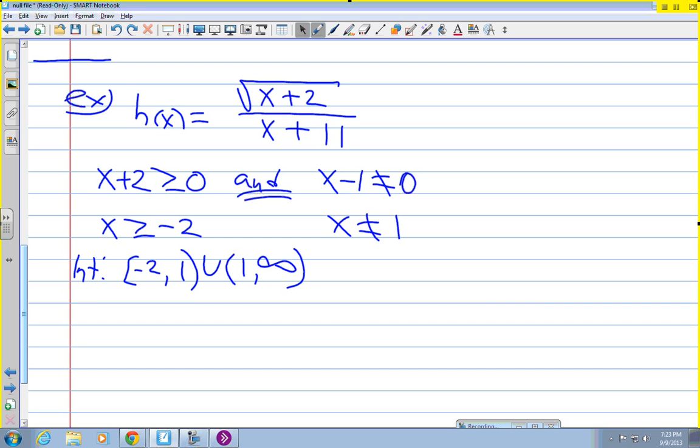But x is greater than or equal to negative 2 to begin with, so that excludes negative 11 already. So that part solves that other issue. It's just from negative 2 to infinity, and negative 11 is all the way over there, so it's already gone. Does that make sense? So let me go back, so my notes still make sense here.